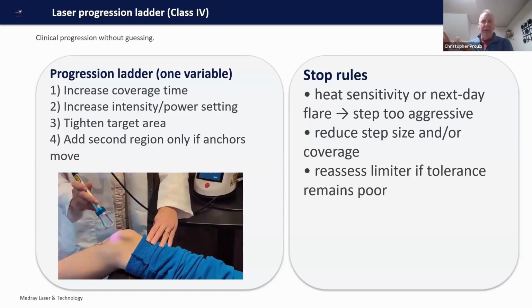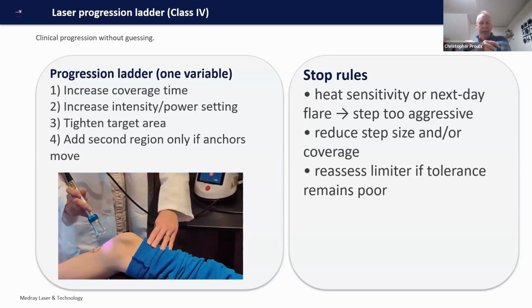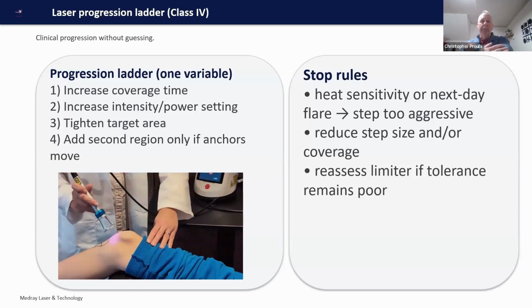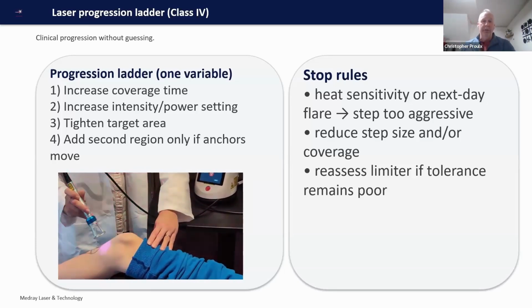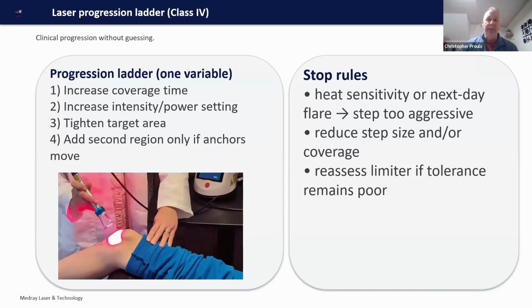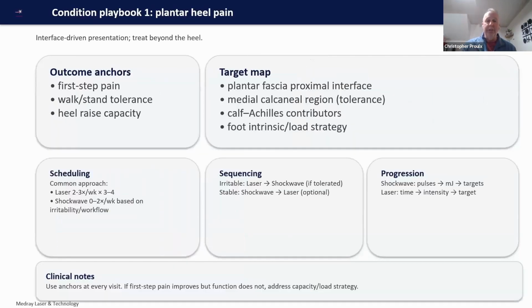But what about these secondary areas? And this goes for both laser as well as shockwave, right? The typical case, like I'm treating a lateral epicondylopathy, I'm treating over, where do I do? Over the boo-boo, right? But it's not uncommon that they have some issues going on in adjacent structures, maybe the wrist extensors, for example. That's where I may go off and do an adjacent area with the same device, or at least address those areas a little bit differently.